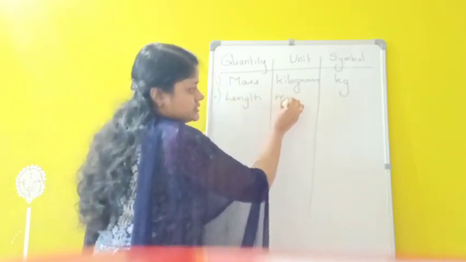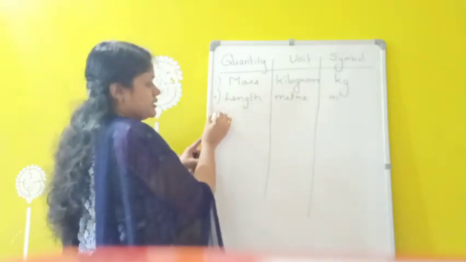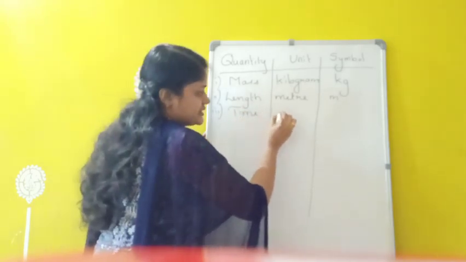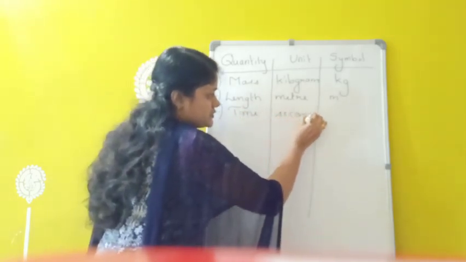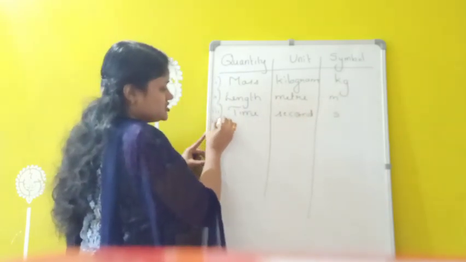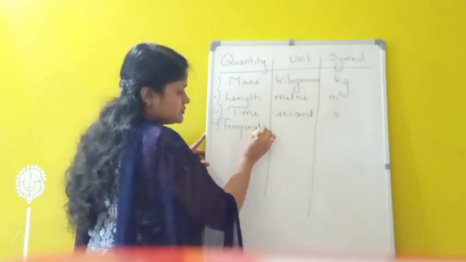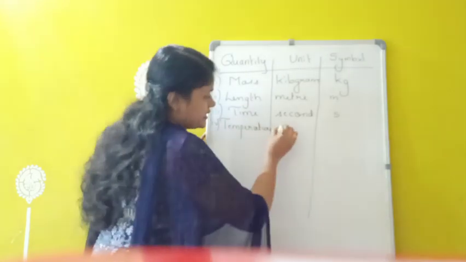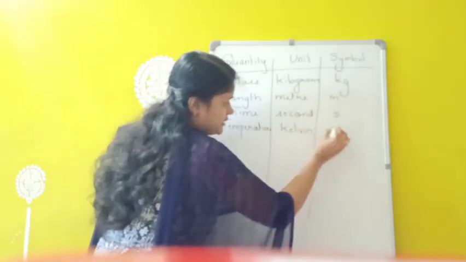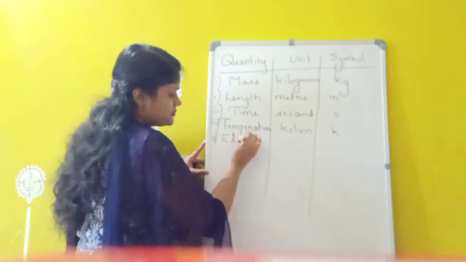Unit is meter. Symbol m. Third one, time. Unit is seconds. Symbol is S. Fourth one, temperature. Unit is Kelvin. Symbol is K.